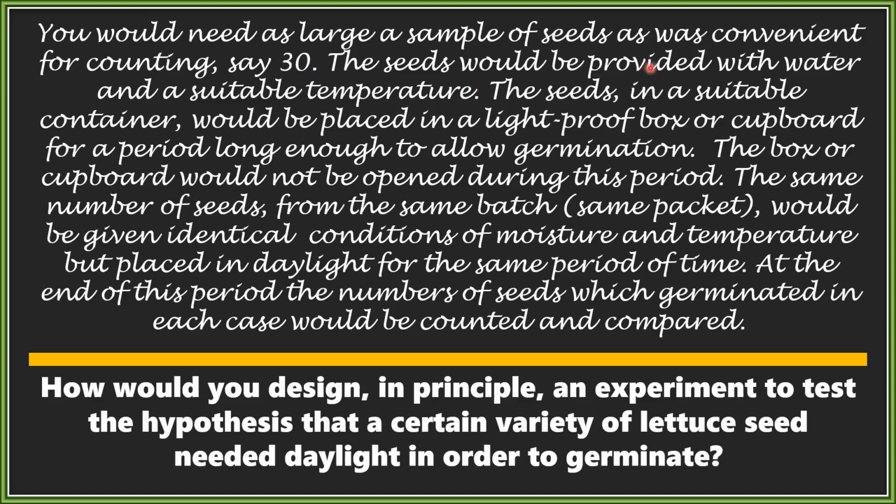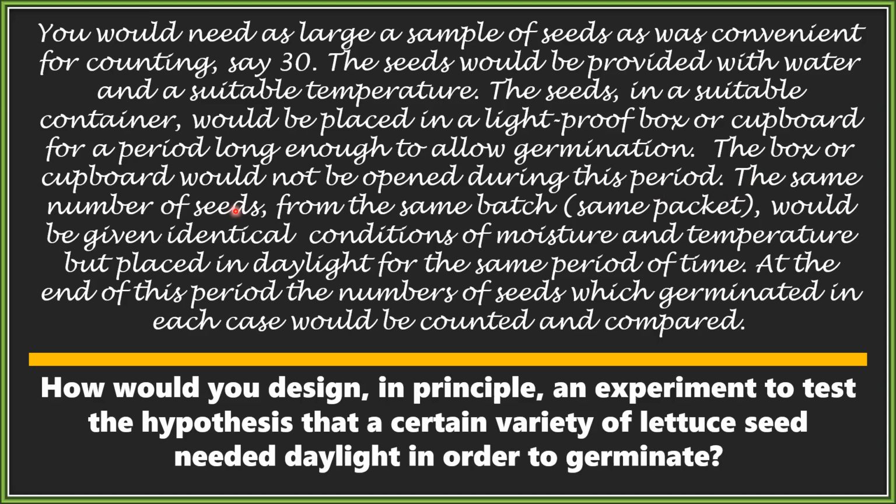These seeds would be provided with water and suitable temperature. The seeds in a suitable container would be placed in a light-proof box or cupboard for a period long enough to allow germination. The box or cupboard will not be opened during this period.